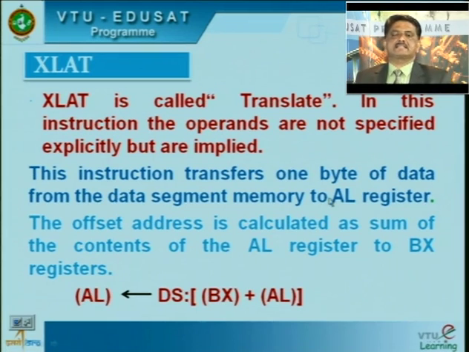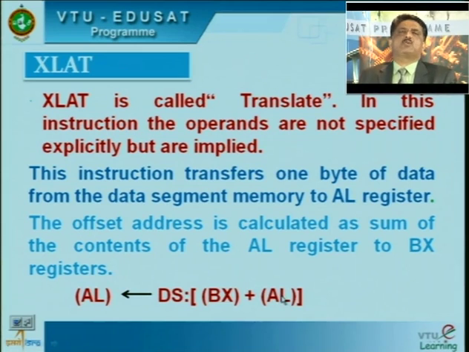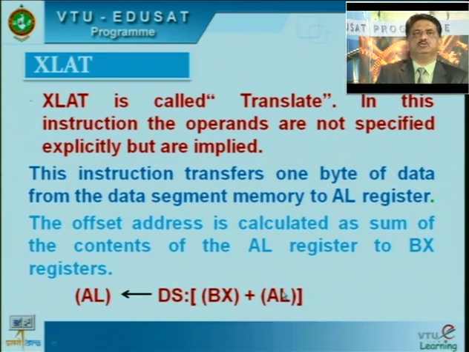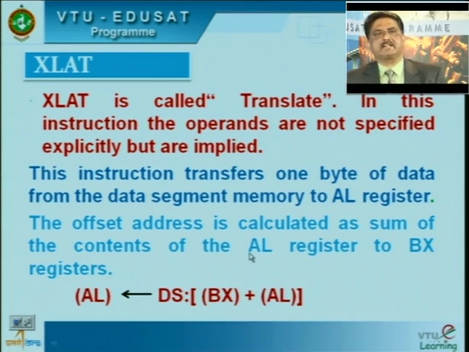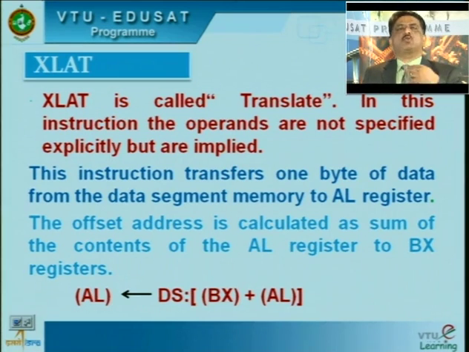Basically, we use the translate instruction for converting the content of AL into its equivalent form. Assume you have a BCD number in AL and you want to convert it into an ASCII value, and in your program you do this operation repeatedly. There is no point in writing code for that.